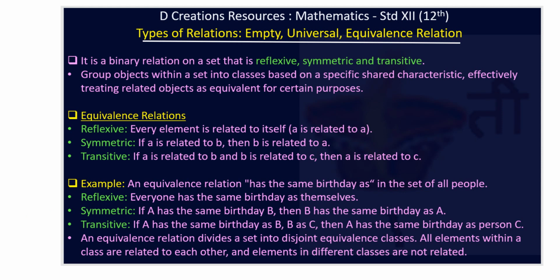But the condition that if A is related to B and if B is related to C, then A is related to C is followed here, and hence this is transitive as well. So since this relation is reflexive, symmetric as well as transitive, this is called an equivalence relation.